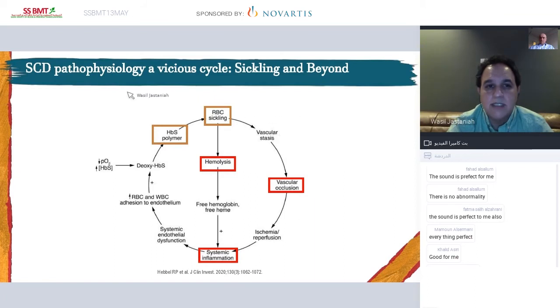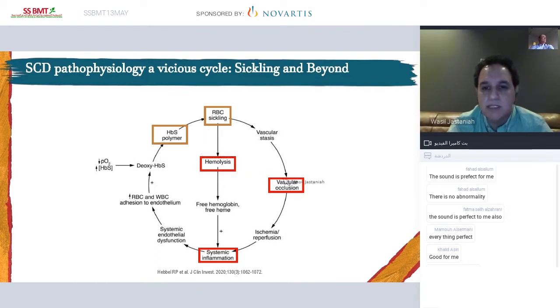So really, sickle cell pathophysiology is a vicious cycle that starts with sickling, but beyond sickling, different pathophysiological pathways happen that lead to the multiple phenotypes and multiple end organ damages that we see in patients with sickle cell disease.